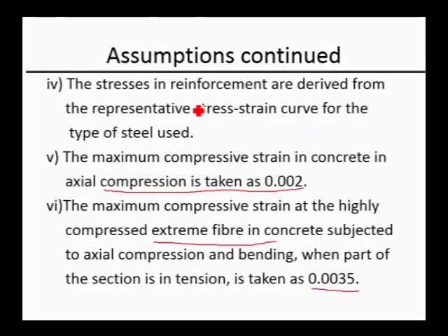What we understood in this session is, first, what we mean by a compression member, and that the major compression member considered in the design of RCC members is the column. Columns are classified into two categories: short column and long column, depending upon the slenderness ratio; and another classification depending upon the position of the load, that is axially loaded columns and uniaxially or biaxially loaded columns.